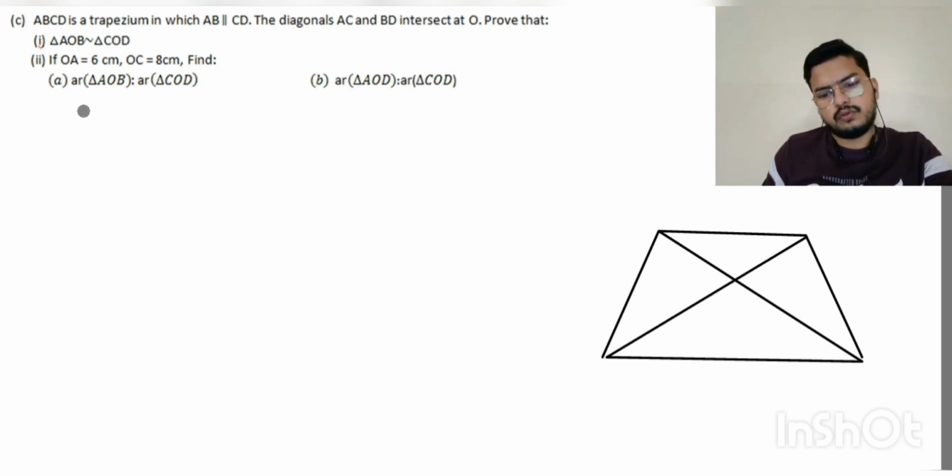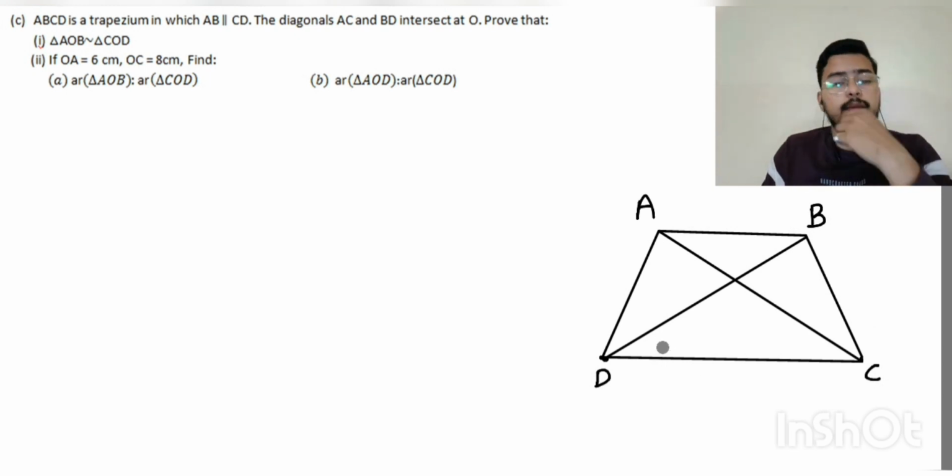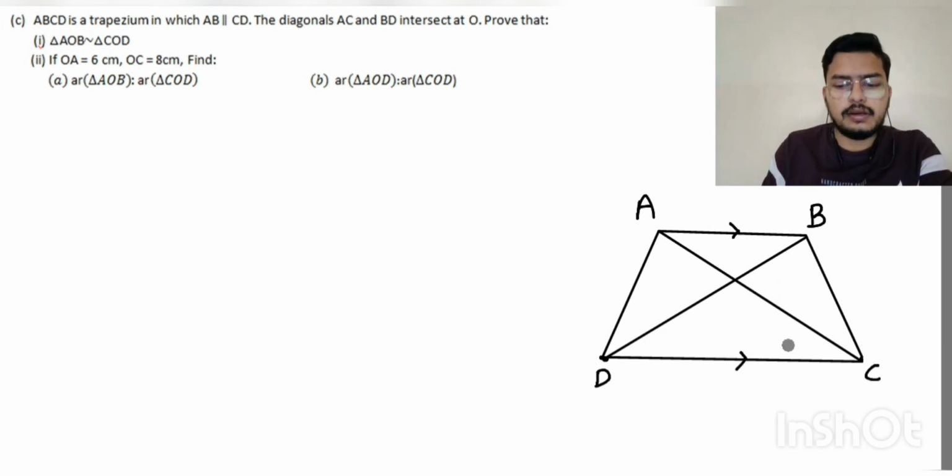And this trapezium has the points A, B, C and D. The question says that AB is parallel to CD, that is obvious, these two sides are parallel, and the question also says that the diagonals intersect at point O, means this intersection point is O, right?